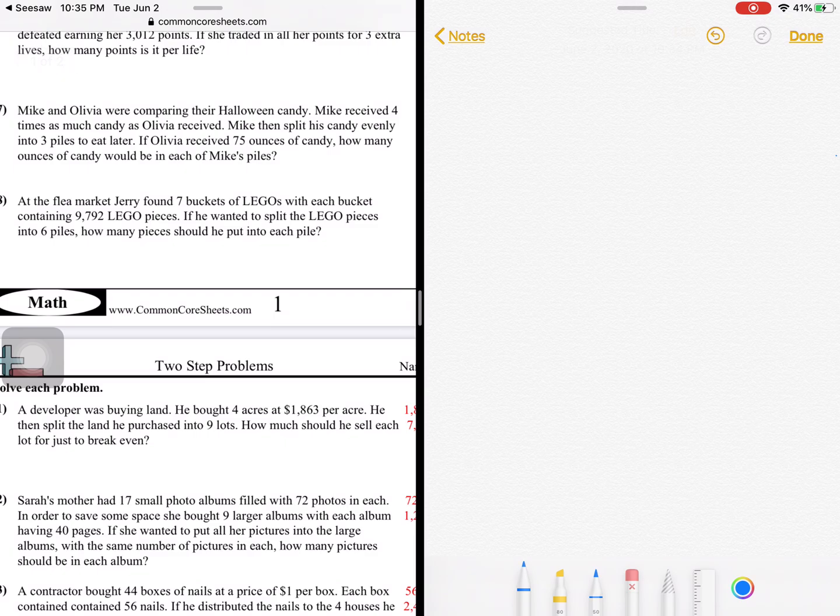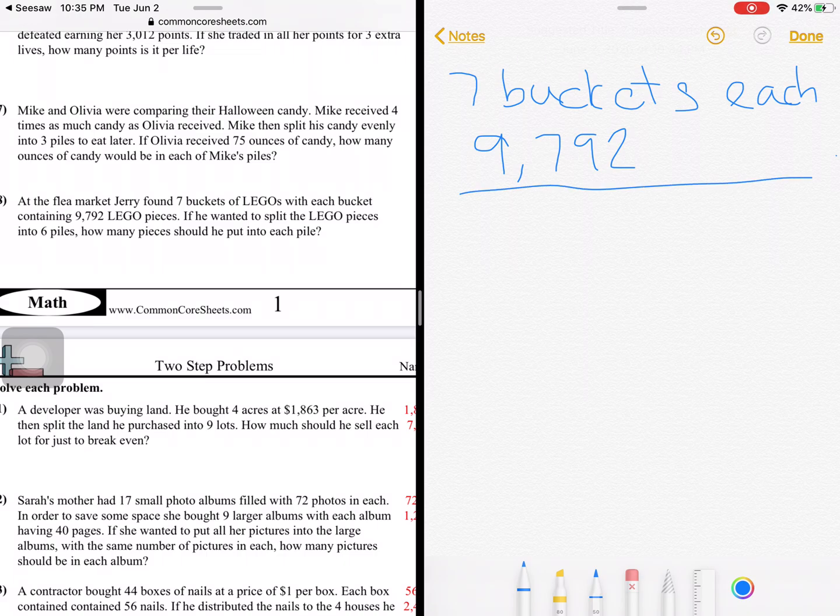So my first step, what I notice is that, and I would highlight if I put it in Notability, but I'm not, that he has 7 buckets of Legos, and that each one has 9,792 Lego pieces. And then he takes those buckets and shares all of the pieces into 6 piles.